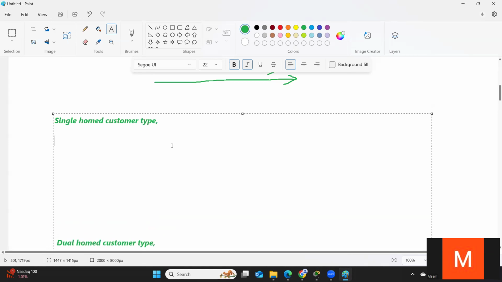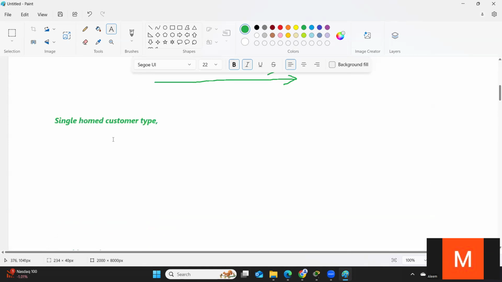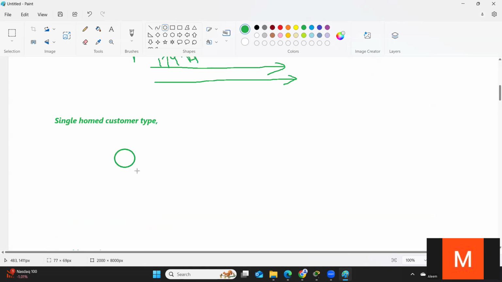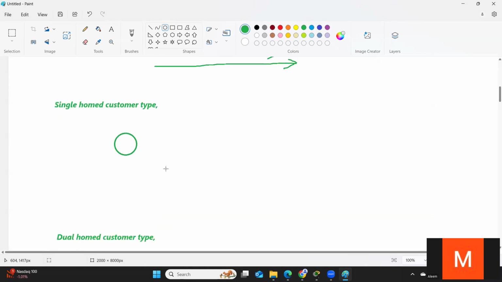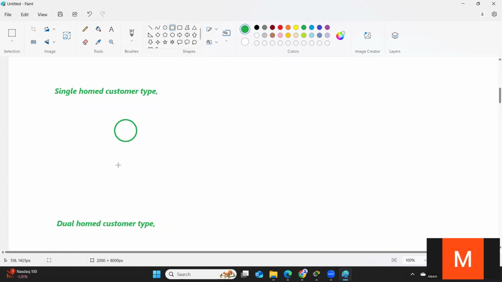Single homed customer type means you have only one edge router, and the edge router is connected to one LAN.